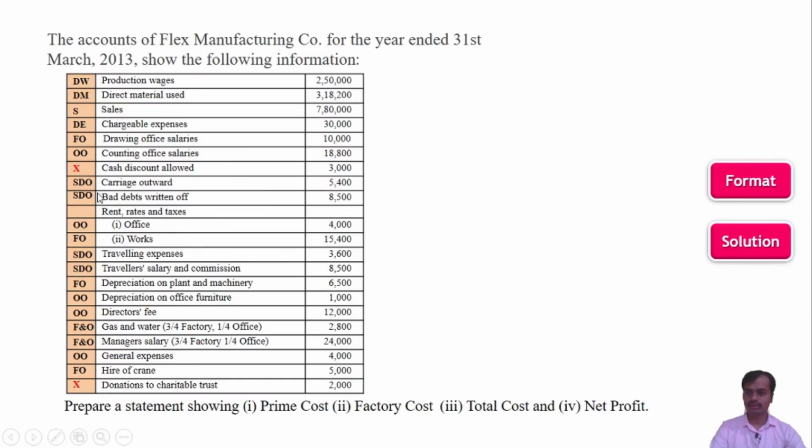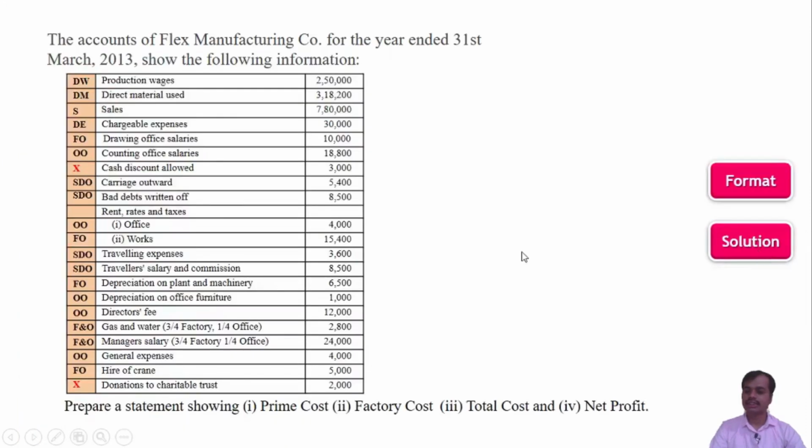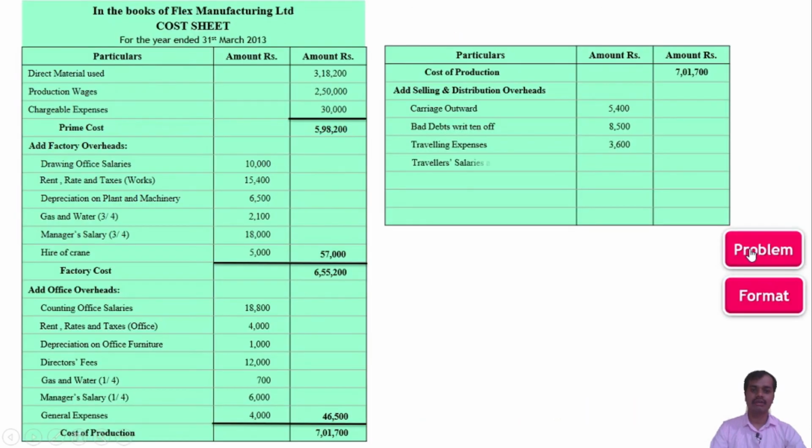8,500. The next item of selling and distribution is traveling expenses 3,600. Let's take traveling expenses 3,600. Next item is traveler's salary and commission 8,500. Let's take traveler's salaries and commission 8,500.